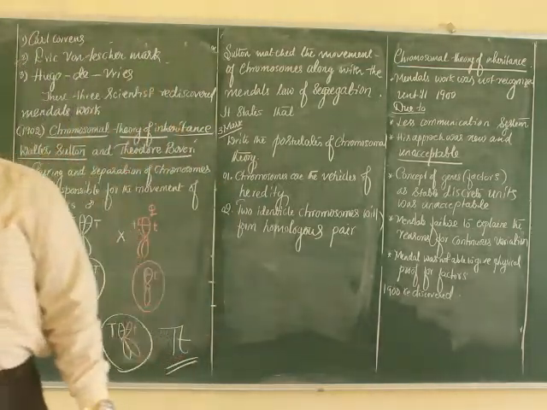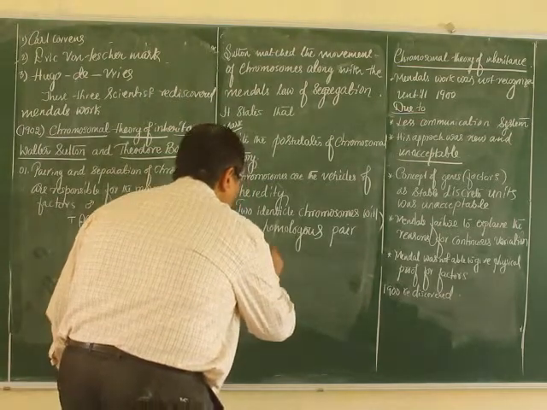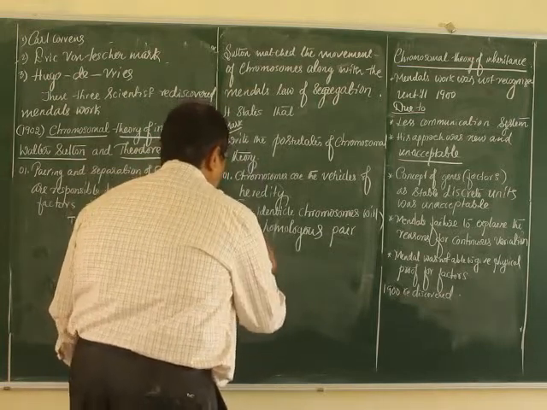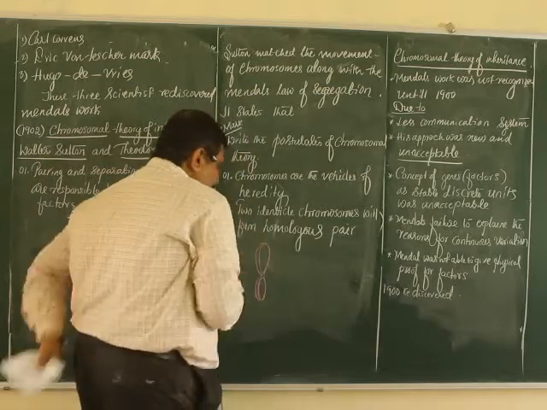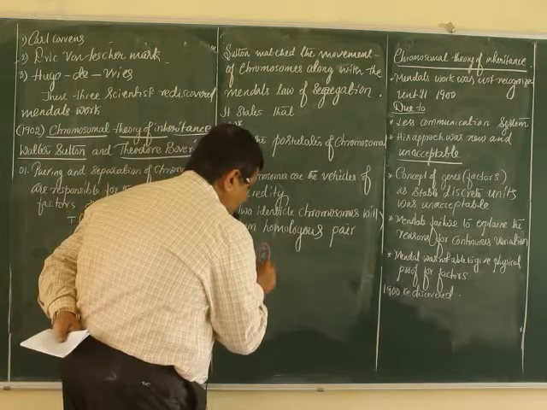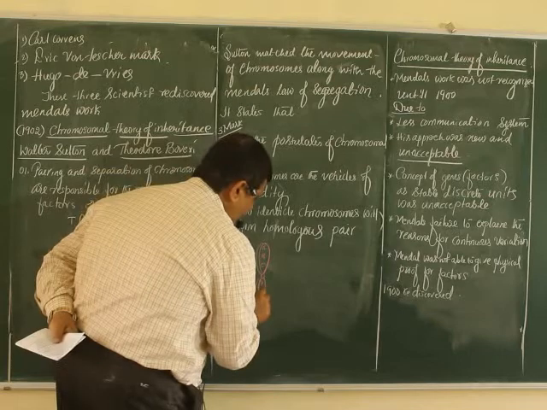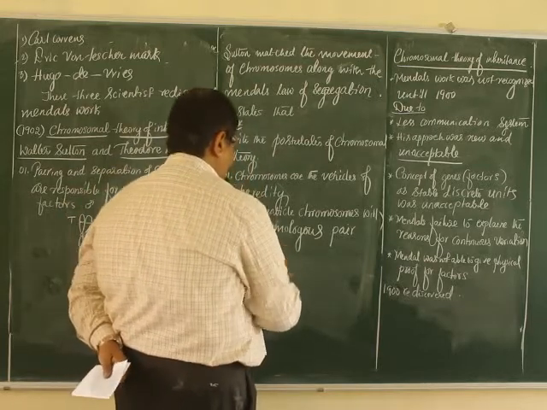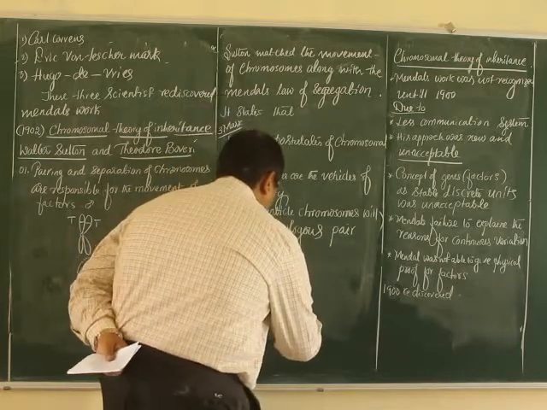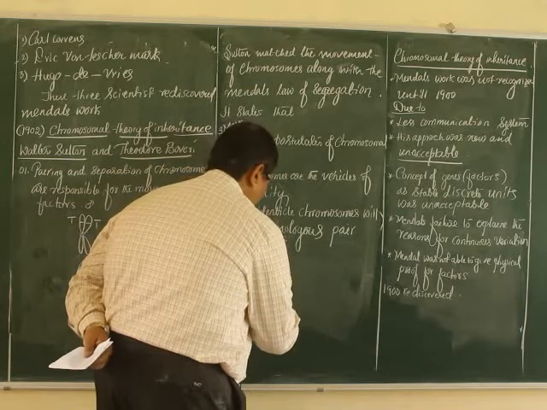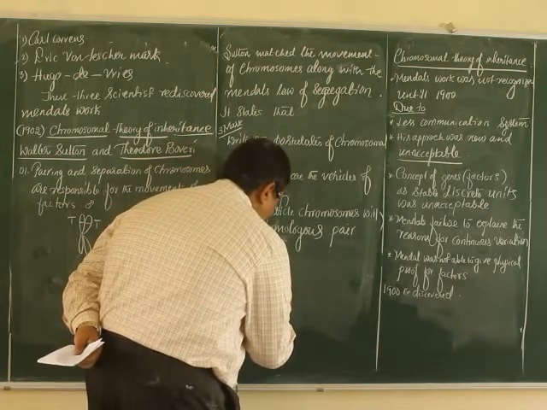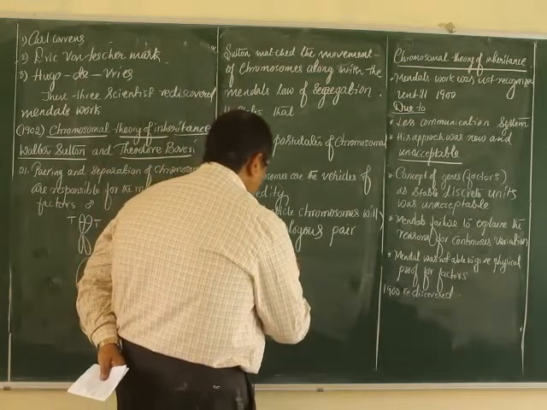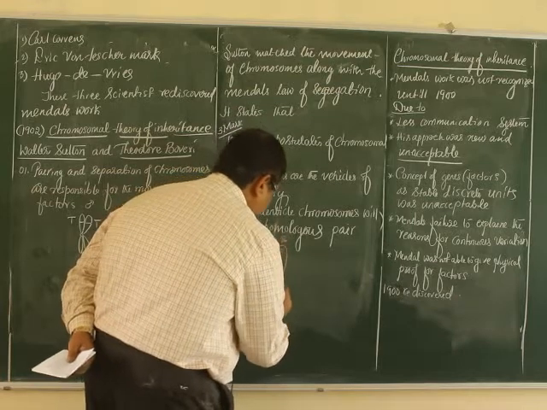I'll give one example. Here is one chromosome with the genes A, B, C, D, E. I'll call this chromosome A, and there is another chromosome B, which is very similar to A, with the same alleles inside.